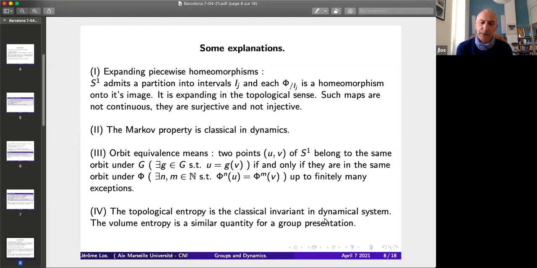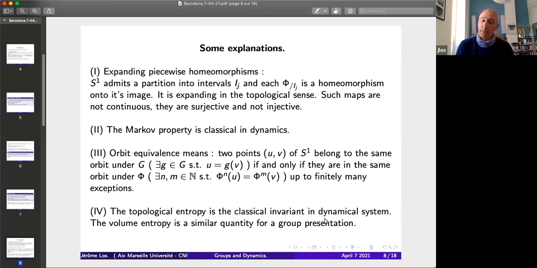The volume entropy is a very similar quantity. So I'll explain it with my hands. The idea is that you have the group, the presentation, and the Cayley graph. I told you that the Cayley graph is a metric space. So if you have a metric, you can look at balls. Assume you take a ball of radius r, and the vertices are the group elements in the Cayley graph.